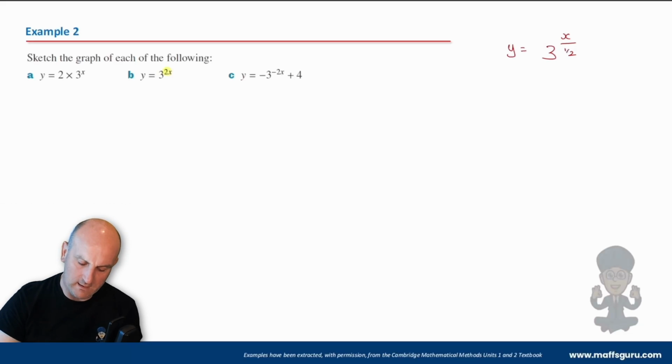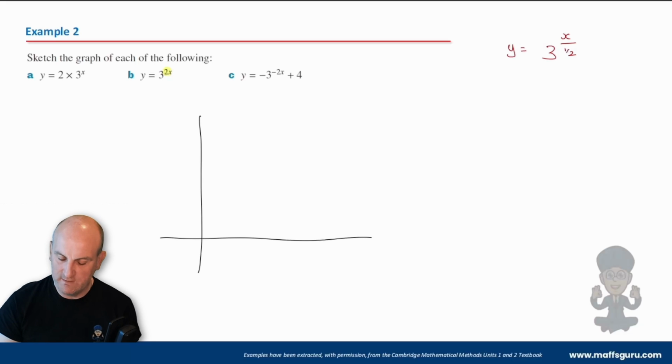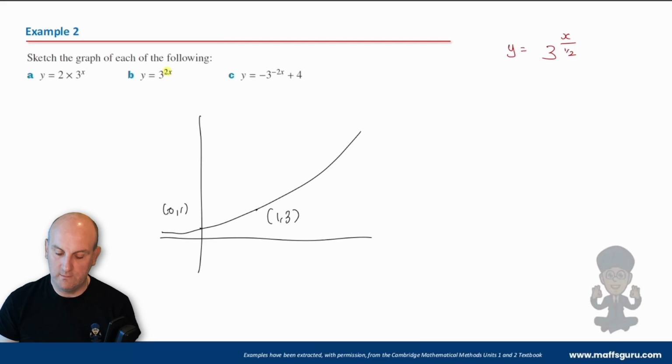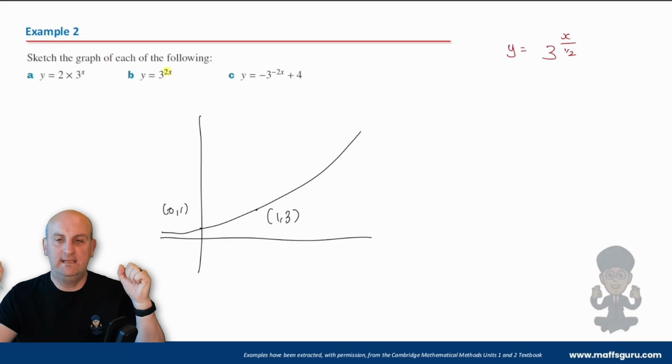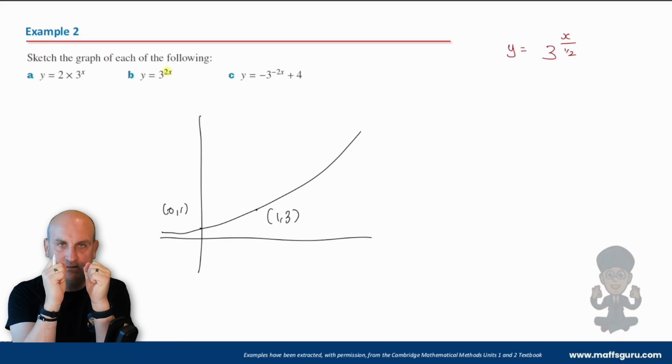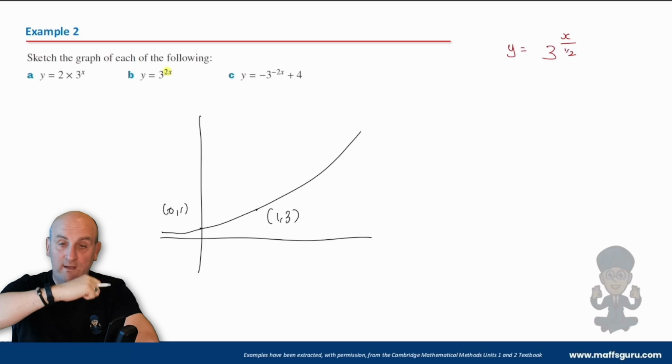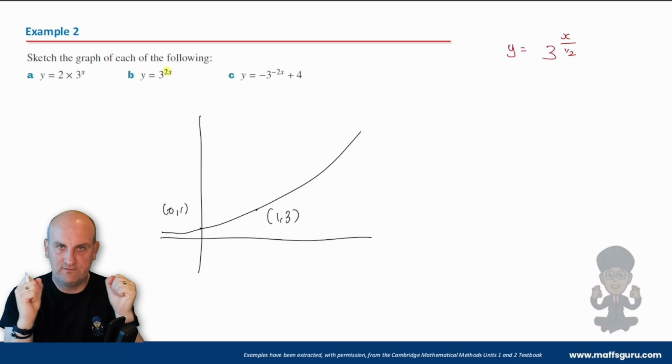So let's start off with my quick sketch of my base function. Well, my base function is 3 to the power of x. We've already dealt with 3 to the power of x. So again, that's 0, 1, and that's 1, 3. Okay, so what are we doing now? We are dilating it a factor of half. Everything is going to squeeze in by a half. My y values aren't going to change. It's my x values that are going to change.